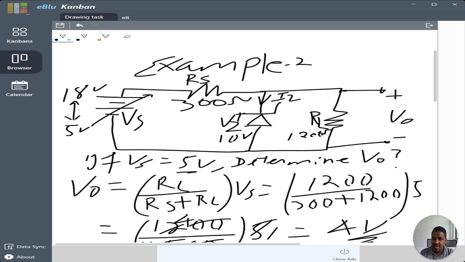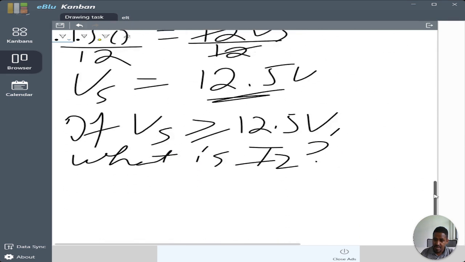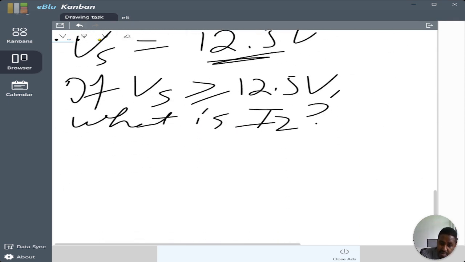To determine Iz, we must get Is and we must get IL. Let's first find IL.